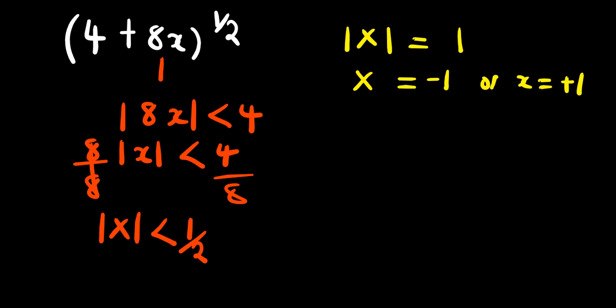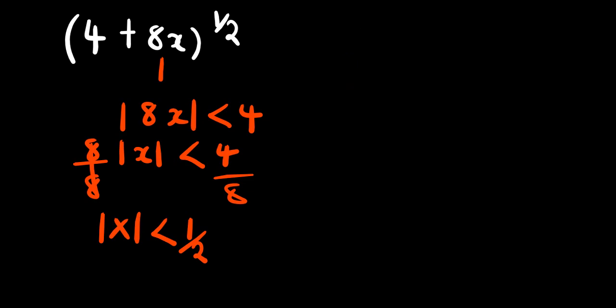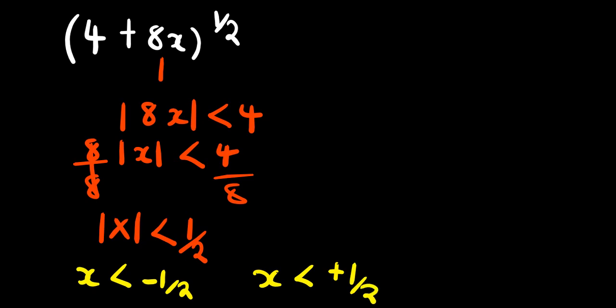It's not really different. So when you remove the modulus on the other side, you're going to have x in this case will be greater than negative half, and x will be less than positive half.